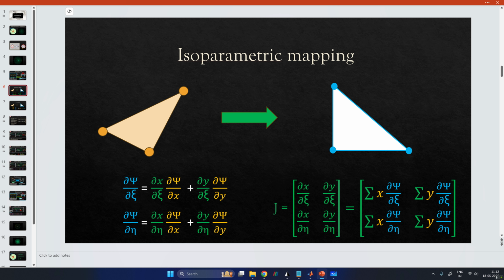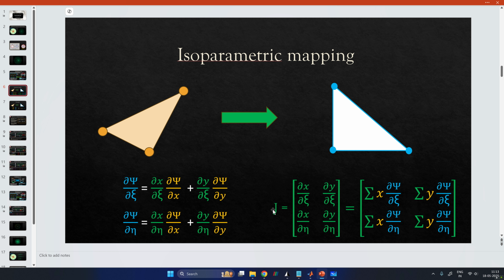So you get two terms here, and we can take these orange terms out and get this nice matrix of these green terms, which we call J, or the Jacobian of transformation.